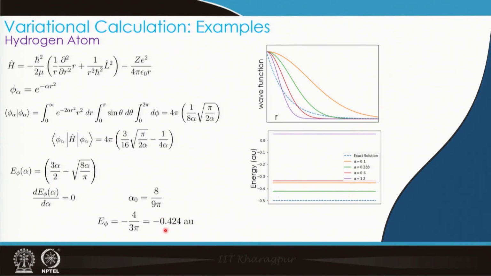So, this example gives us the idea that even when our functional form is somewhat not physically adequate, in those cases also the variational principle can give us a very good estimation of the ground state energy. So, using these examples, I hope I convinced you that the variational principle is a robust method to evaluate the energy of the ground state of a system.